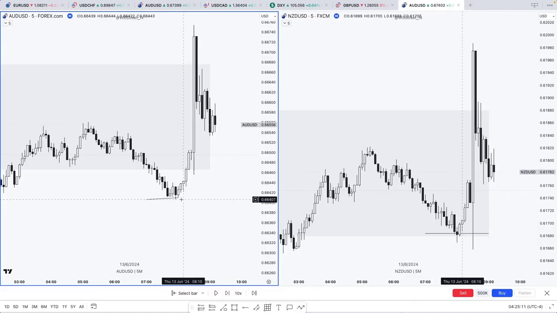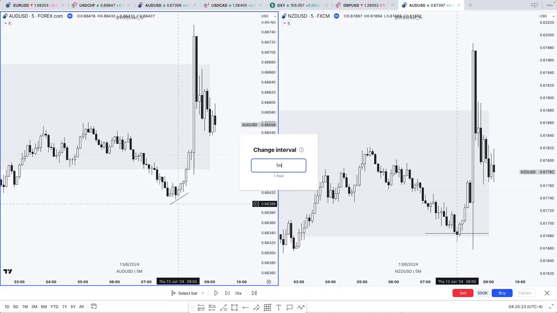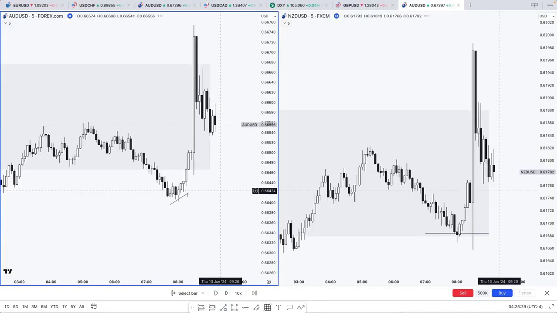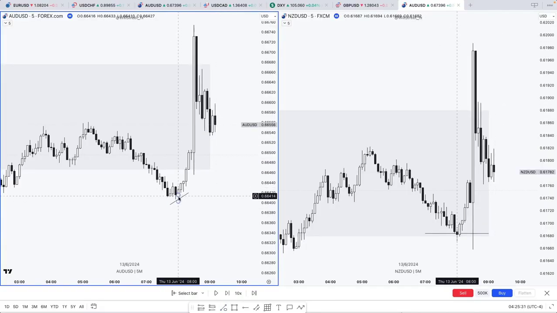Before the news, we already had an SMT. I will talk about this in the filter swing video. So, in my eyes, that candle looks like this. This is the fake wick that I see, and this is how we can trade that day.